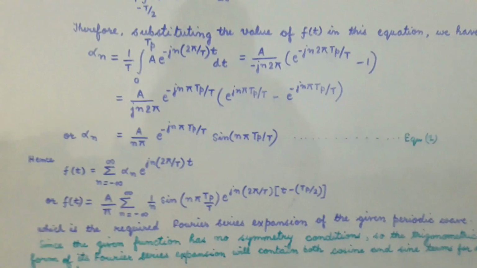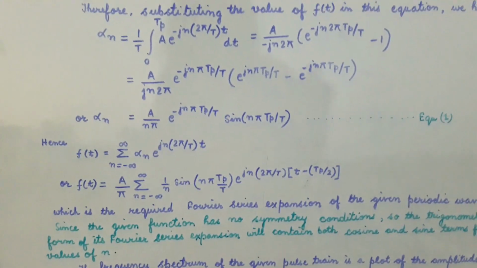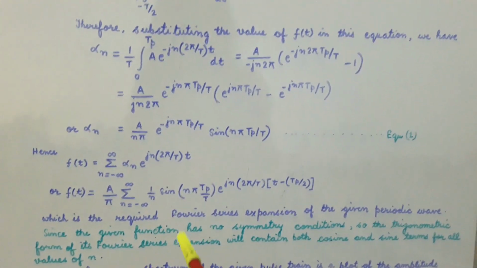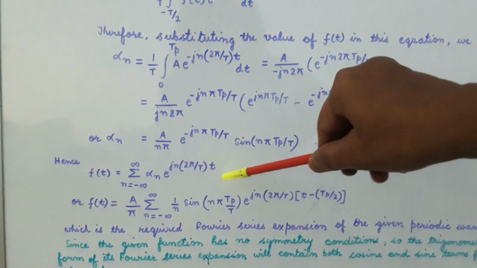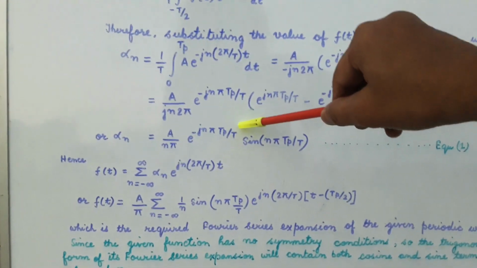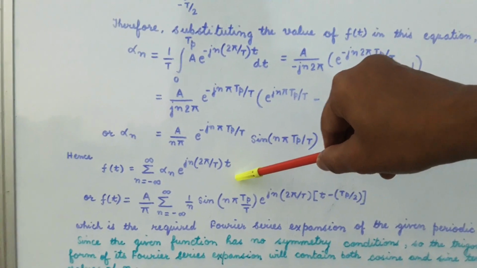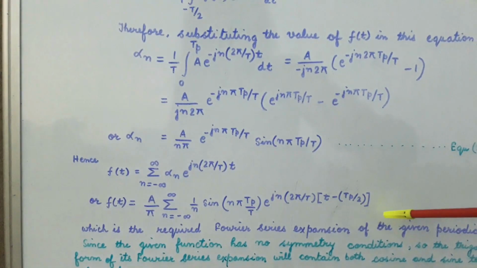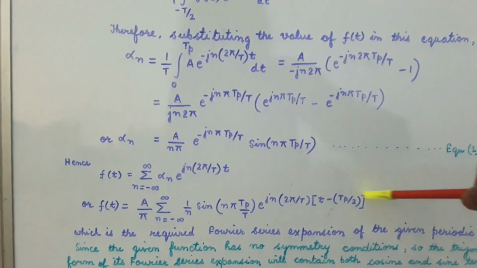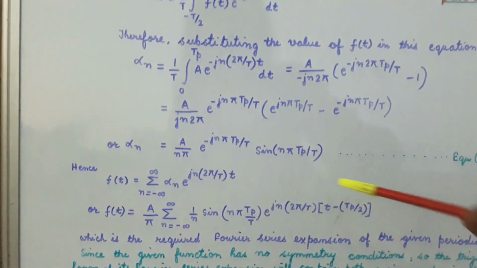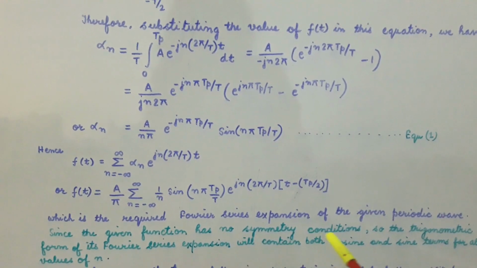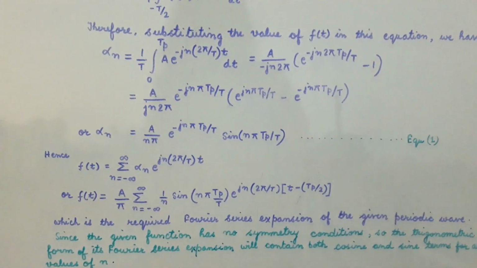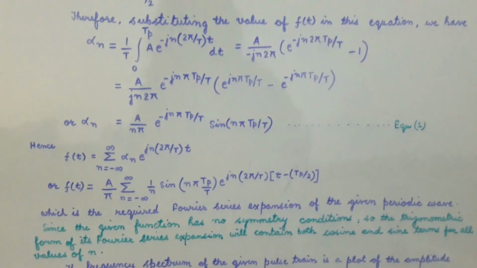Now, we will substitute it in the expression for the exponential form of the Fourier series, which is given by this expression. Once we substitute the value of alpha n into this equation, we get the Fourier series expansion as shown here. So, this is the required Fourier series expansion of the given periodic rectangular wave.